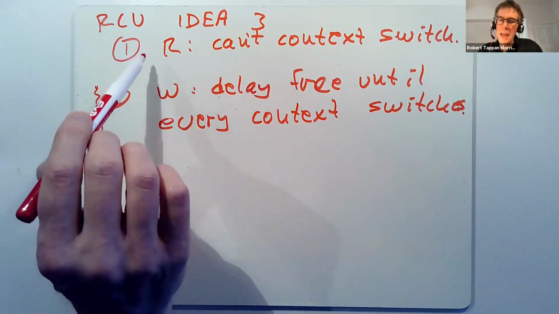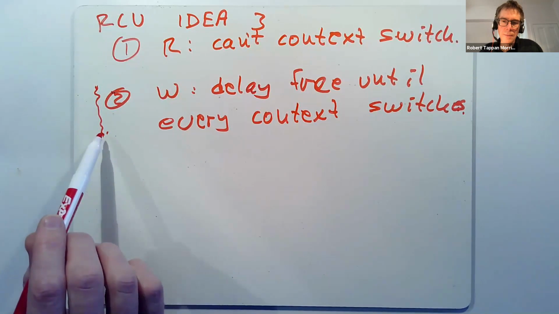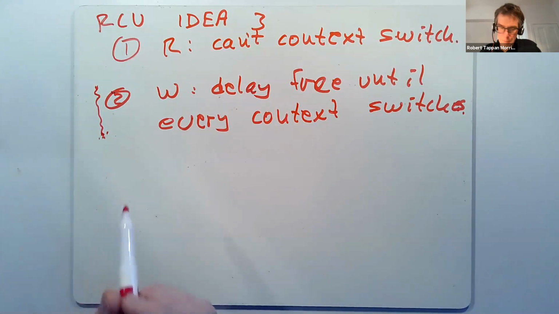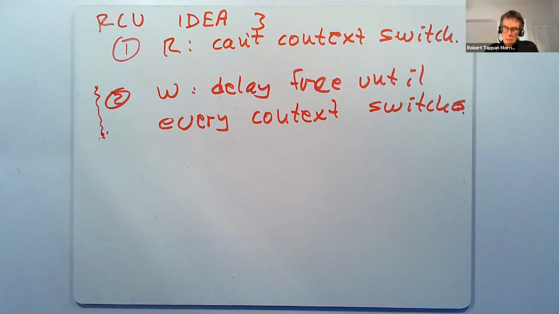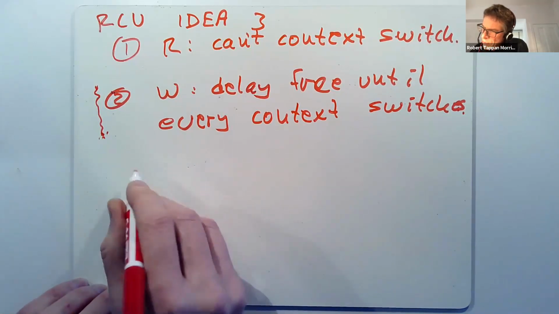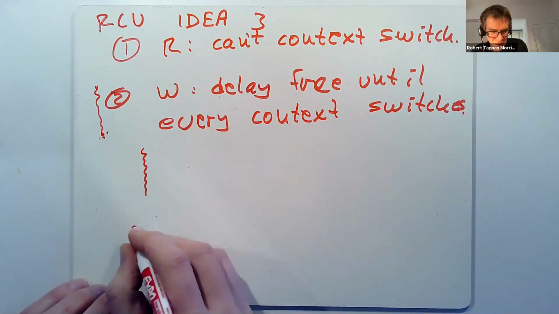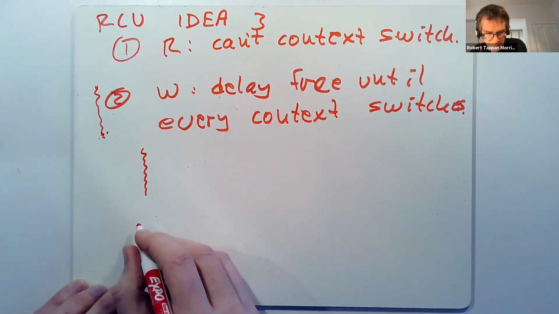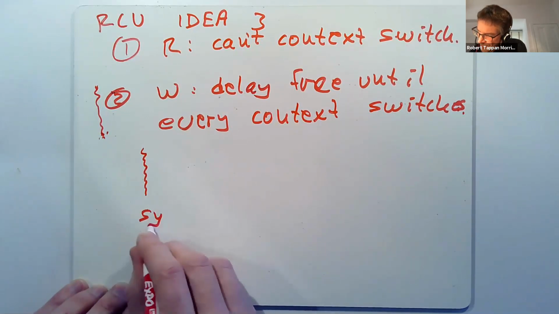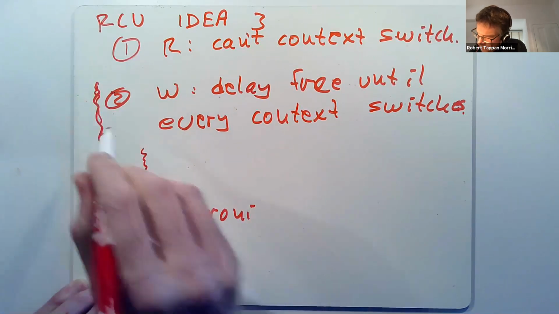And since readers can't hold stuff across context switches, that means that the writer has now waited long enough. And so the actual writer code looks like this: the writing code does whatever modifications it's going to do to the data, and then it calls this synchronize RCU call, which actually implements 2.